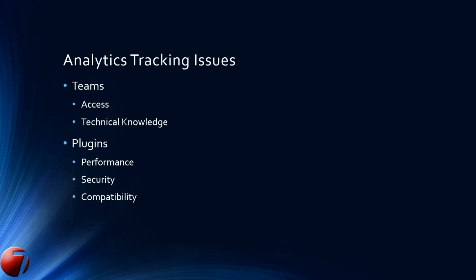So what we're looking at is, what are the performance, security, and compatibility issues that we run into on our site by adding multiple plugins for multiple analytics things? In the case of WooCommerce, let's say you've got the analytics plugin of your choice for your normal site, but it doesn't do WooCommerce.